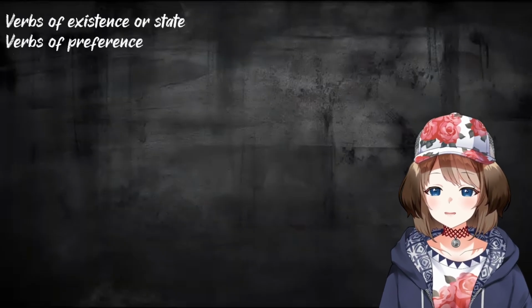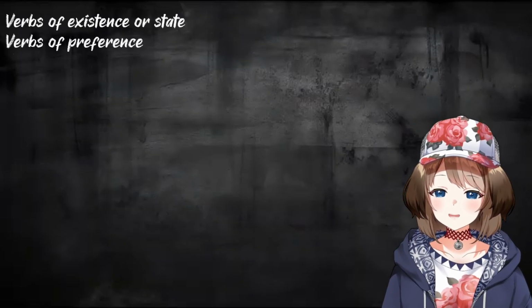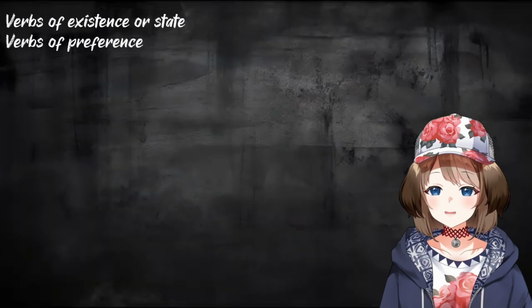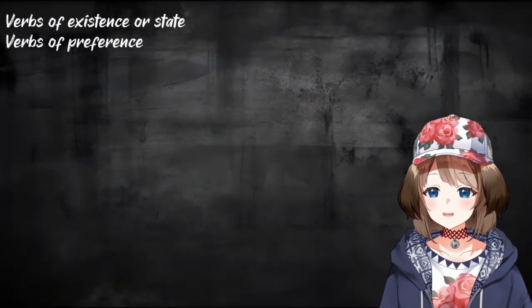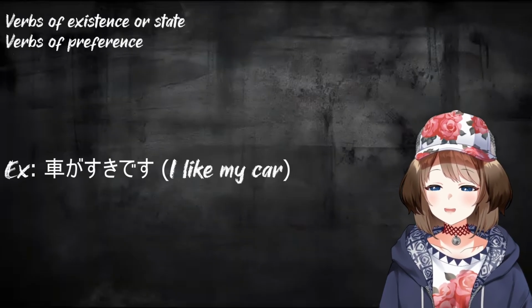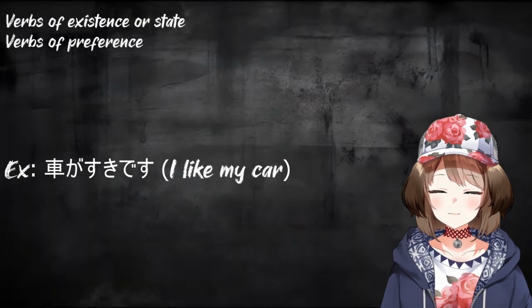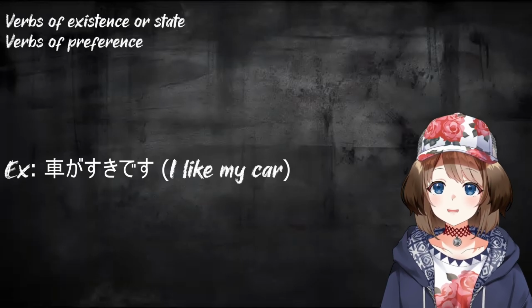Next, we're always going to have ga with verbs of preference. Verbs of preference like suki or hoshii are always going to use ga. Ostensibly, that's because they also indicate some kind of ongoing state. What's actually being done in the sentence, kuruma ga suki desu, I like my car? It expresses the idea that I am in the state of liking something.